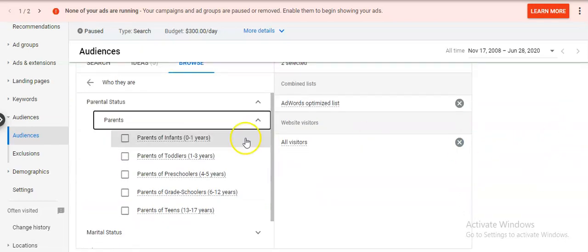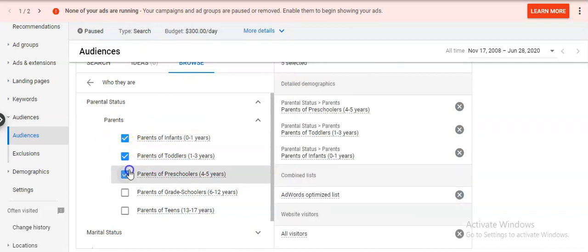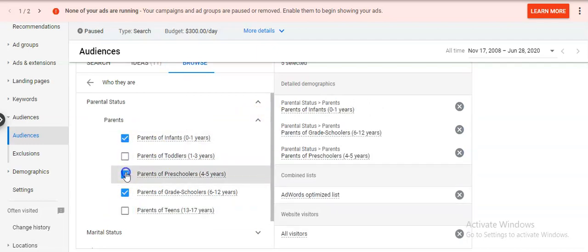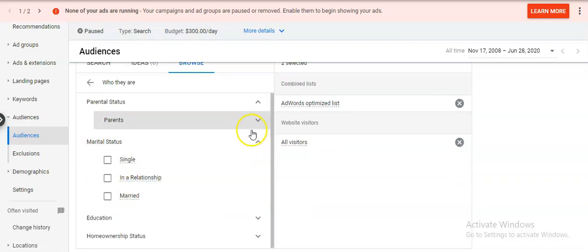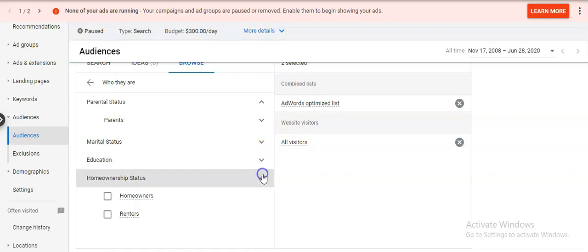We already discussed this. You can actually target these people. Okay, so you can select, I want to target this. You can target all, or you can target some. Similarly, marital status, you can target all, or you can target just one or two, or however many you want. Education, and then home ownership.